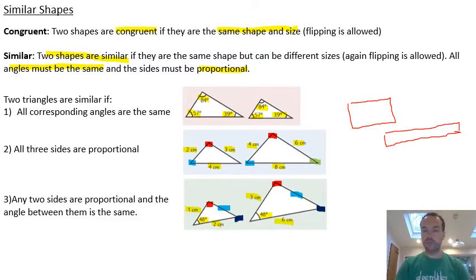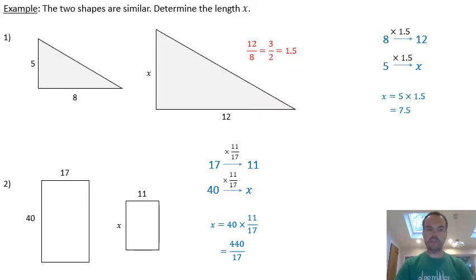Right, how does that manifest? In a question it looks like this. If we are told that two shapes are similar, can we find that side there? If they are similar, all the pairs of sides are in the same ratio.